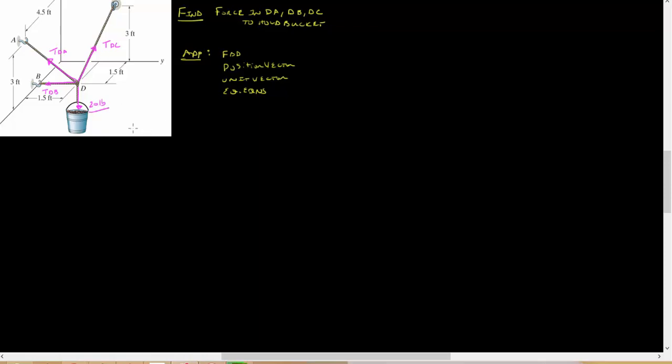That was also given. So this is my free body diagram. I could finish drawing these with dashed lines, and then I would give all my dimensions to the free body diagram, but to help with time, I'm going to leave it at that. So my solution.